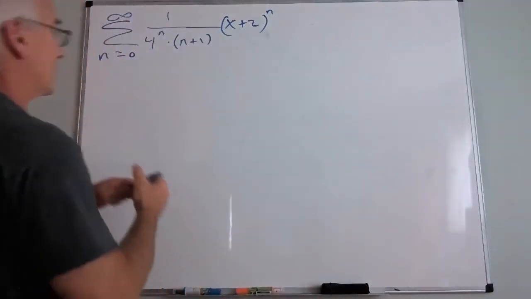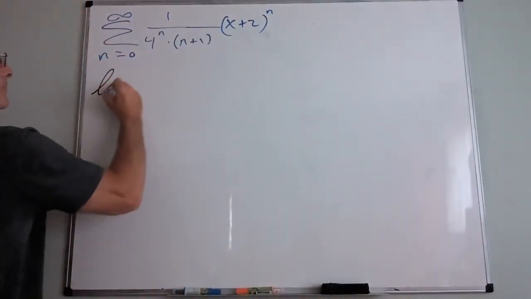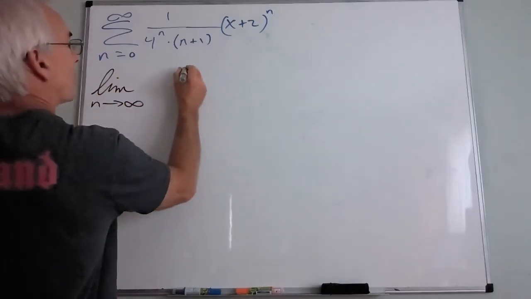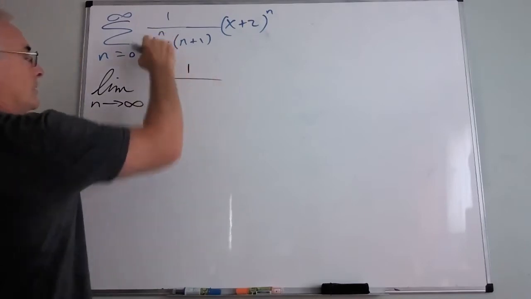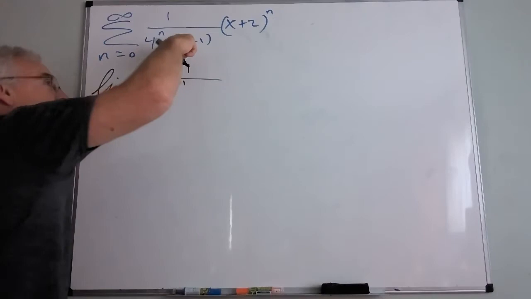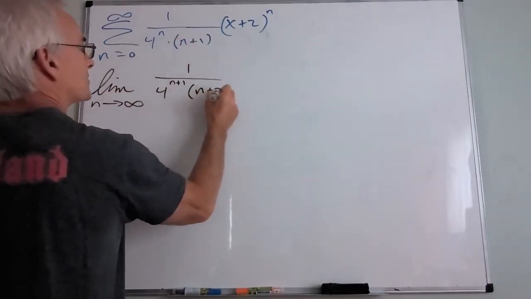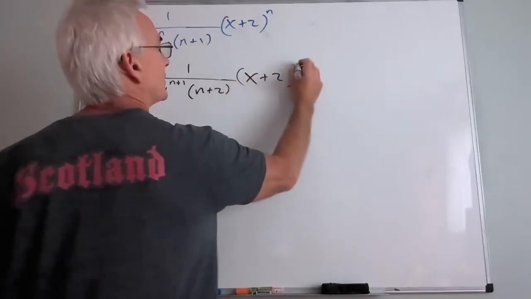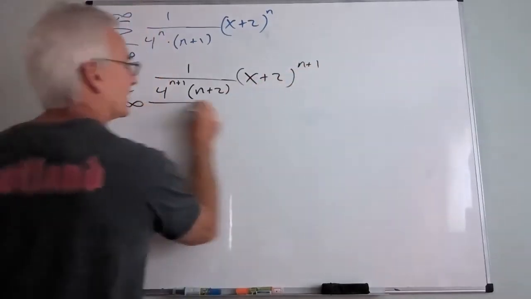So we start like we did each problem so far. 1 over 4 to the n plus 1. If I replace n with n plus 1, that becomes n plus 2. This becomes x plus 2 raised to the n plus first power.